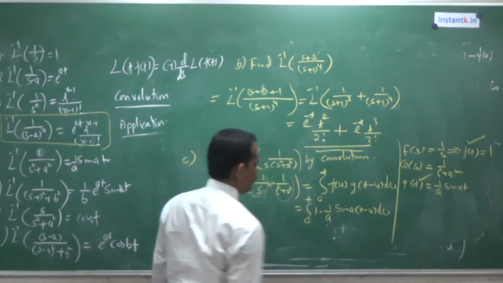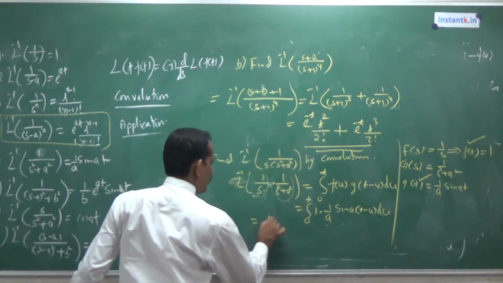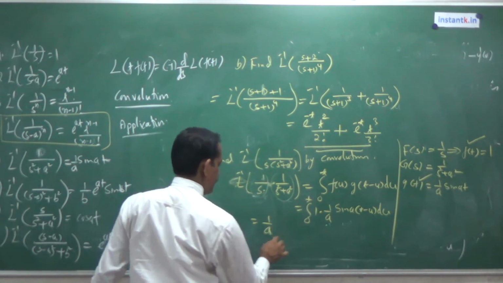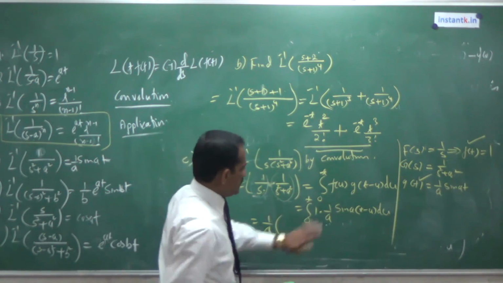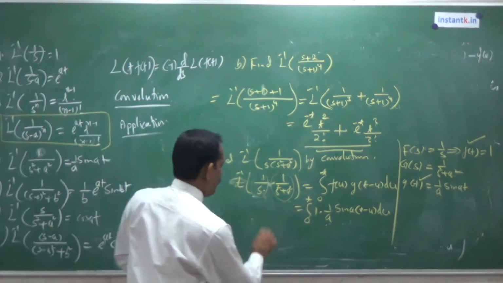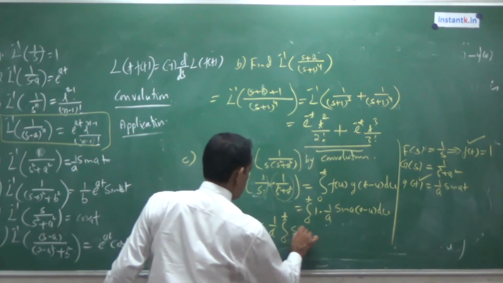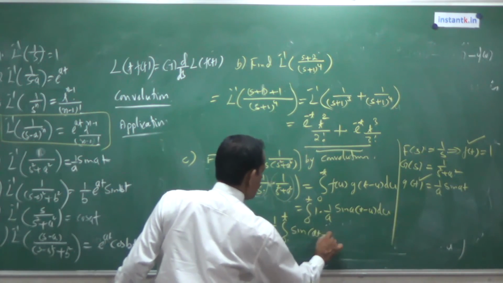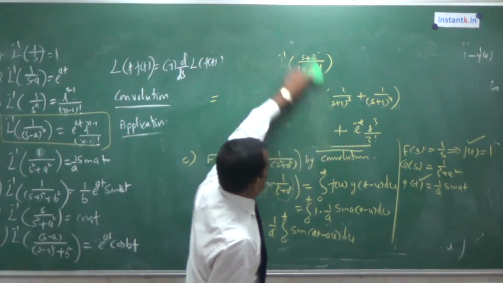Integrate with respect to u. Take 1 by a, the constant, outside. Now, the integral of sine, what is remaining? If you want to write one more step, it is integral 0 to t of sine of at minus au, du. This you have to integrate.